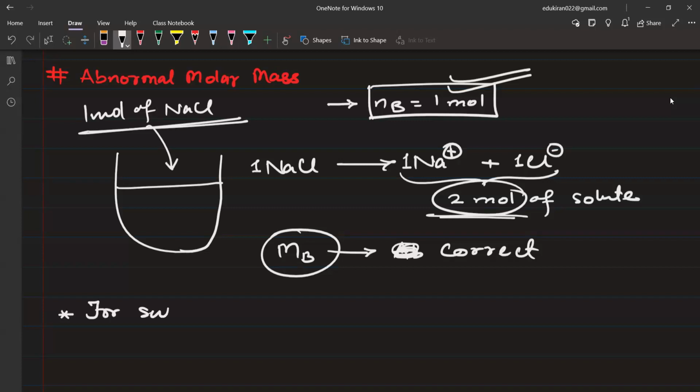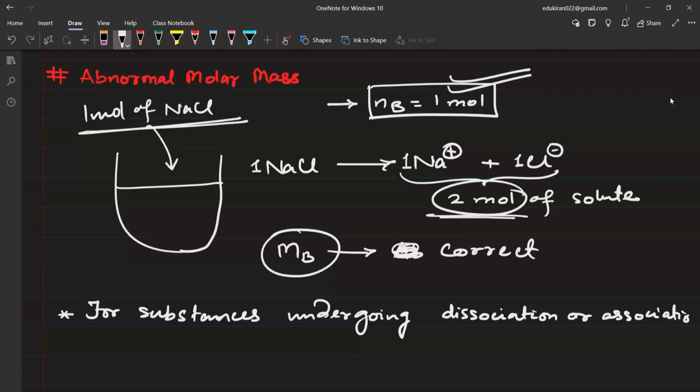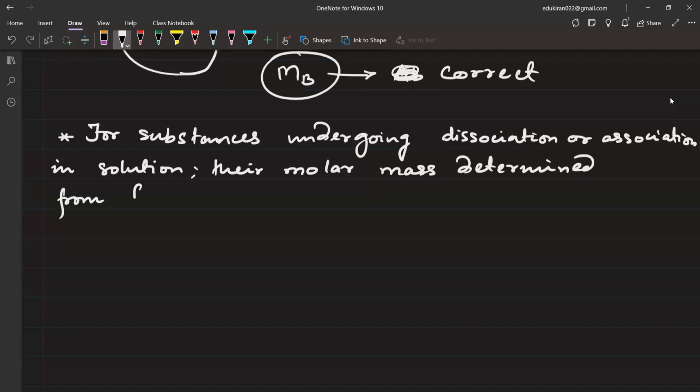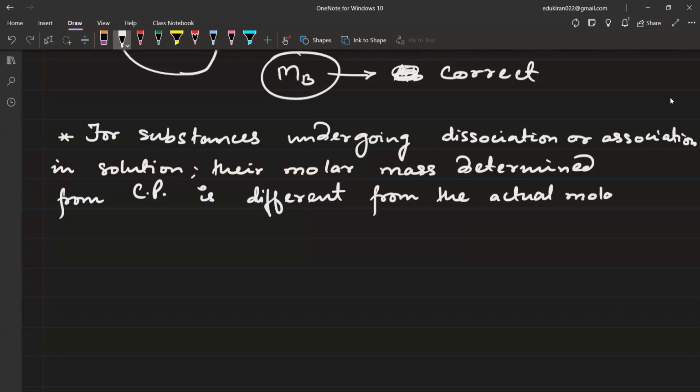Now, that is why, please write, for substances undergoing dissociation or association in solution, their molar mass determined from colligative property is different from the actual molar mass.